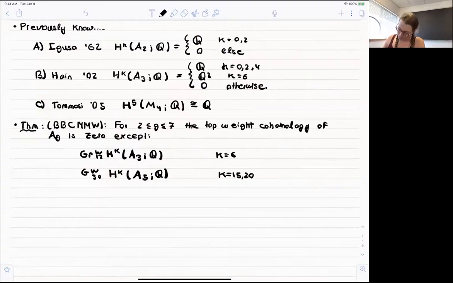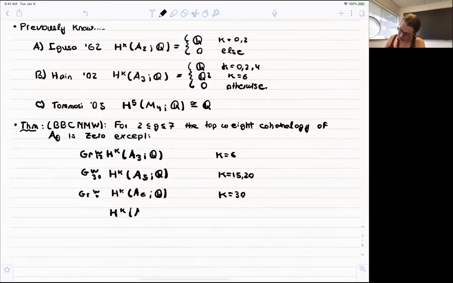For A6, it's non-trivial when k is 30. I should say Gr^W, put a dot there. And finally, for A7, the top weight cohomology is non-trivial when k is either 28, 33, 37, or 42. Okay, and again, Gr^W dot.